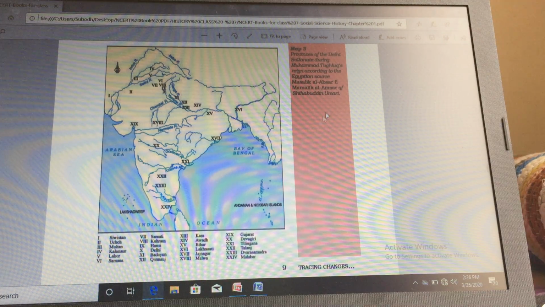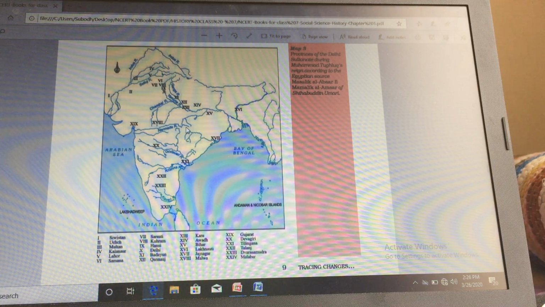So it is a picture prepared by an Egyptian, and it shows the area ruled by Muhammad Tughlaq. You can see it is the whole of India. So empires like this were called pan-regional.